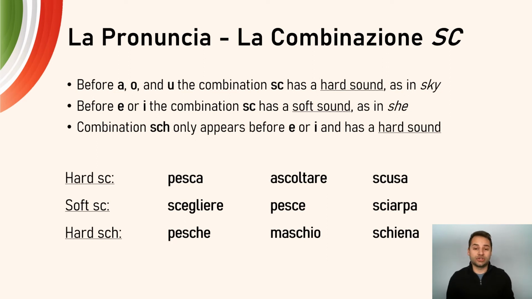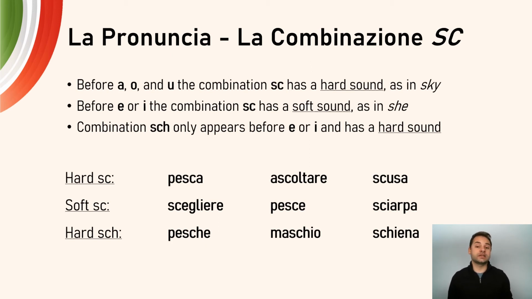What about the combination though, SC? Before an A, O, or U, the combination SC has a hard sound, like when we see the word sky. Go ahead and say sky. SCA, ska. SCO, sko. SCU, sku. Ska, sko, sku.